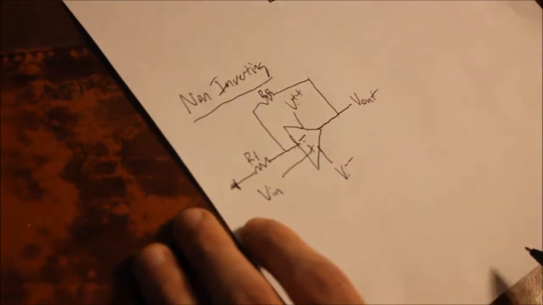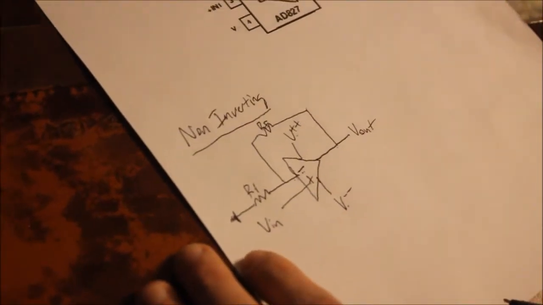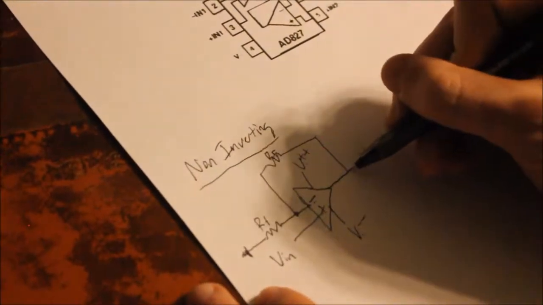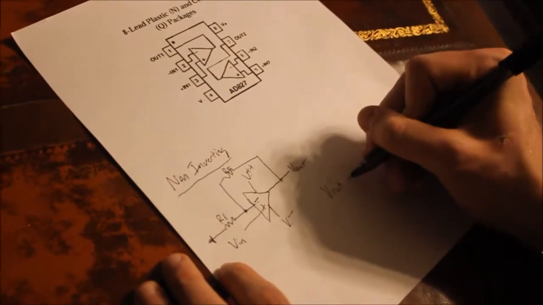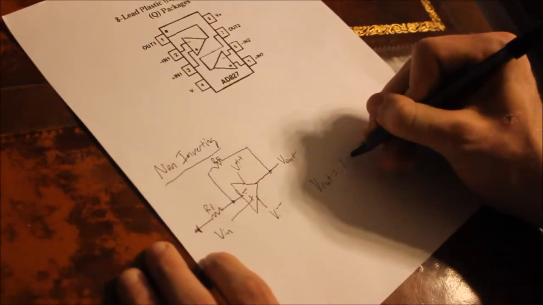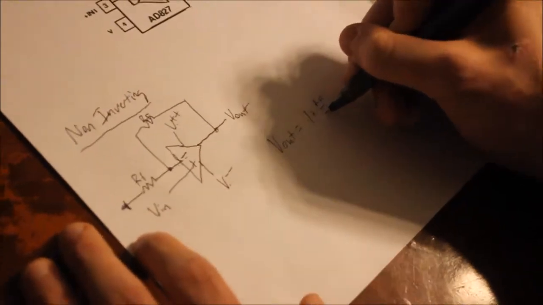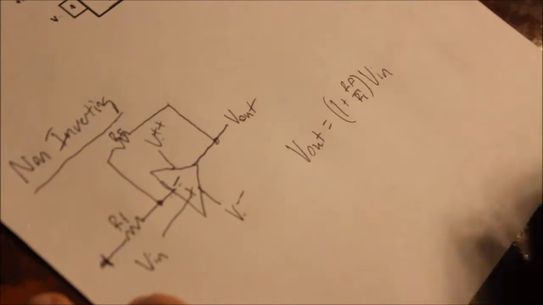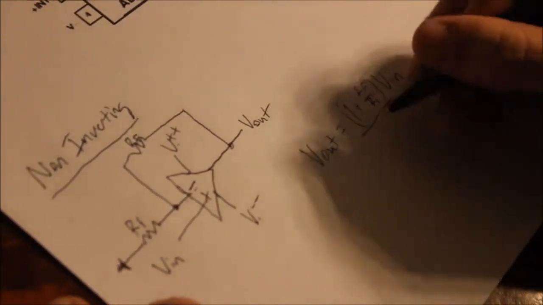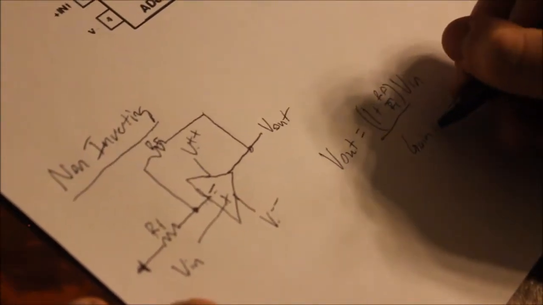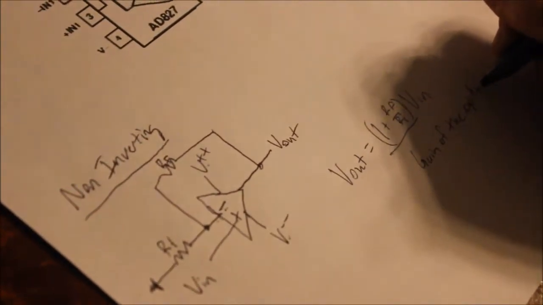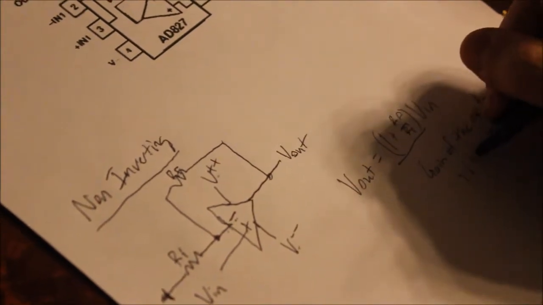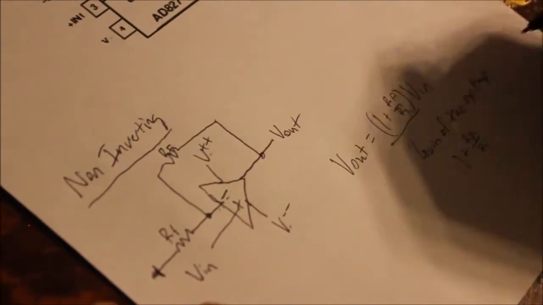So from here, if you look at node voltage analysis, you'll come up with V out equals 1 plus RF over RI times V in. This term right here is called the gain of the op amp, which is 1 plus RF over RI.